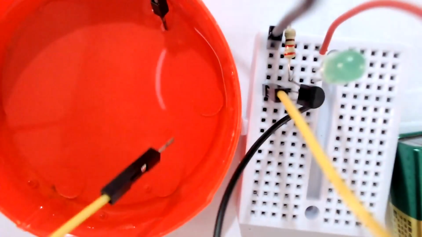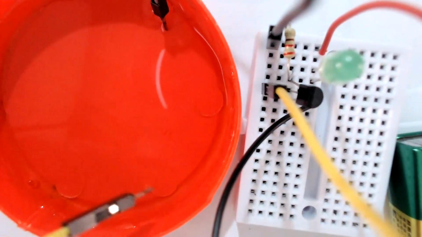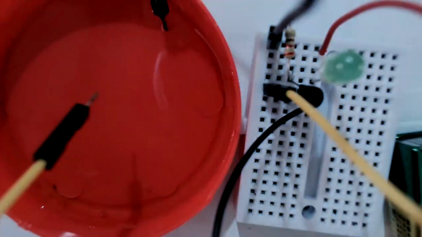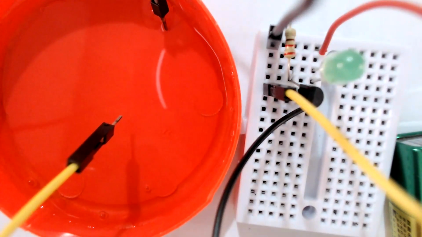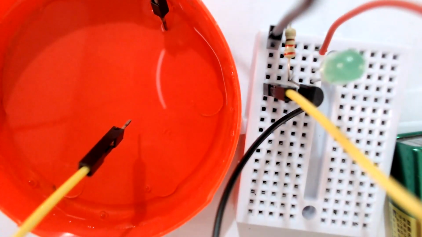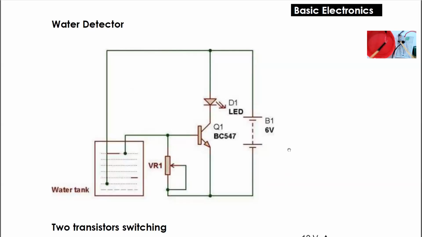Now this water is acting as the base resistor. Water has a certain amount of resistance. That's a simple water detector circuit. You can change the sensitivity of this circuit by using another resistor like this.